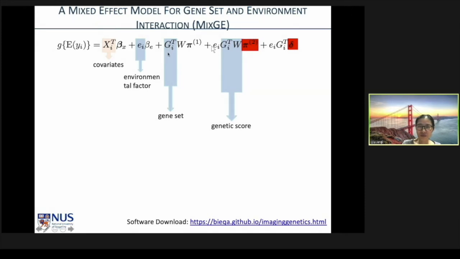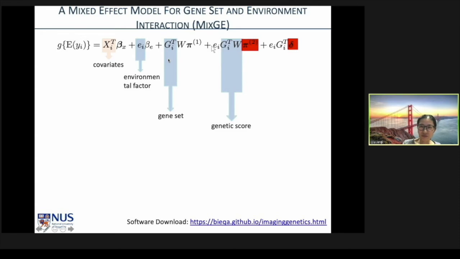We can formulate the effects of gene interaction with environmental measures, for instance, in the following way. Here we have gene set information G, and E down here is the environmental factor.